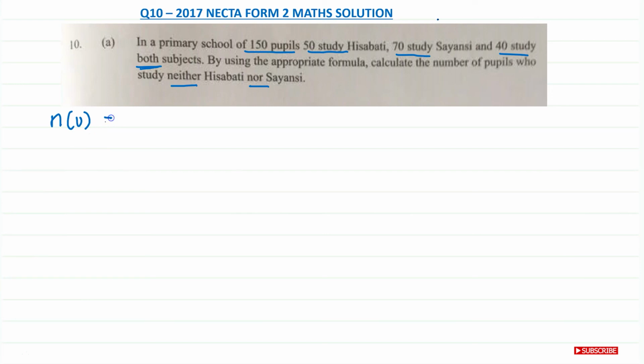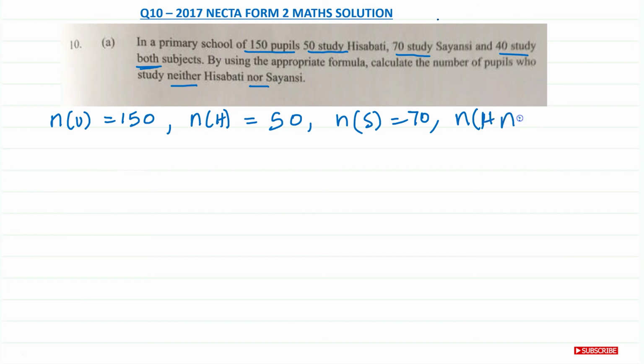So n(U) is equal to 150, and then we've got number of Hisabati is equal to 50, and then number of science is equal to 70, and then we have number of Hisabati intersection science equals 40. These are the students that take both subjects.